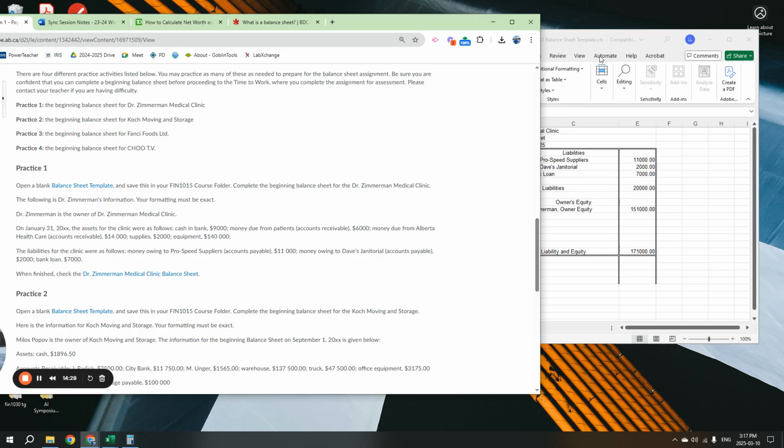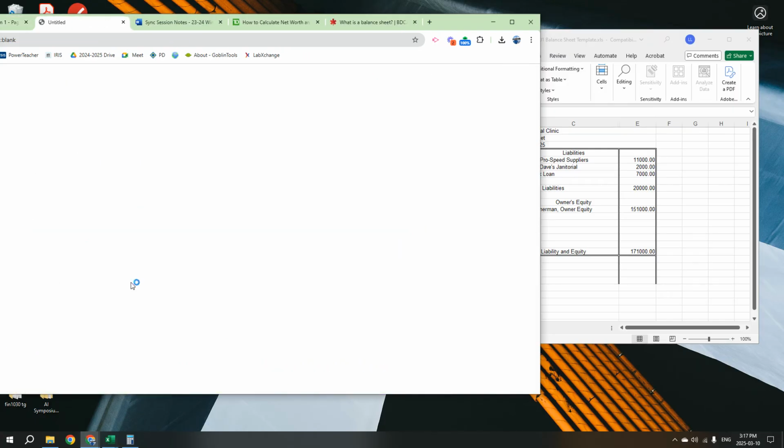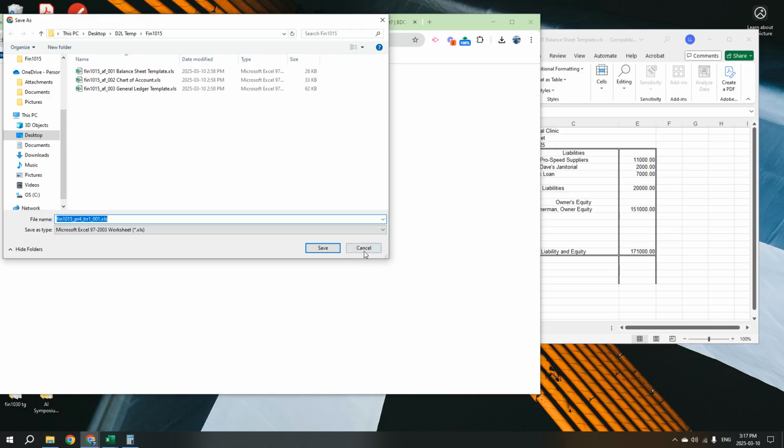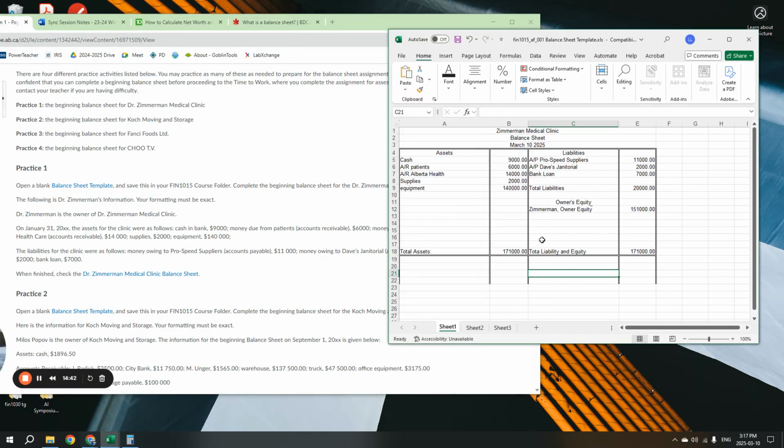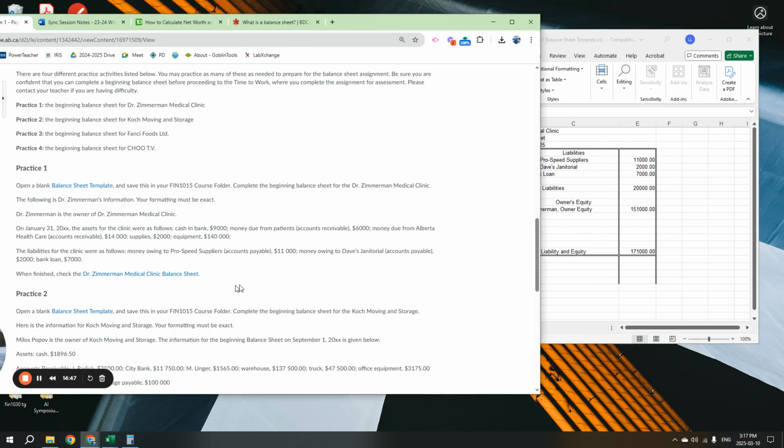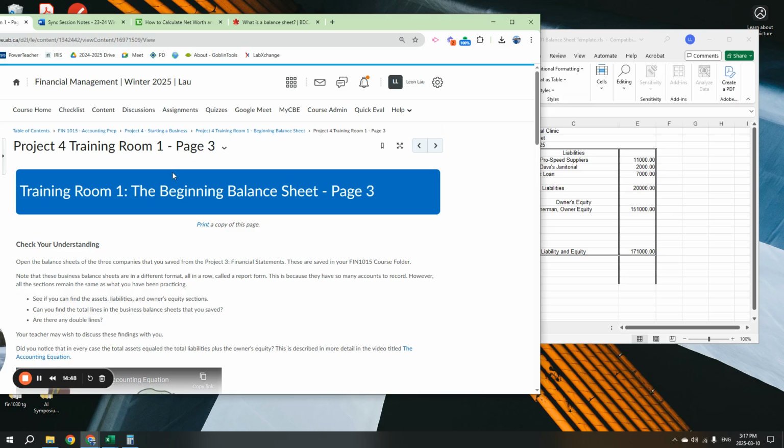So that is our balance sheet, right? And once you do that, you can click on this link and it will download the file for you, and you can check whether the work we did here matches the work that you should get. Okay? So that's training room 1, balance sheet. Questions on that?